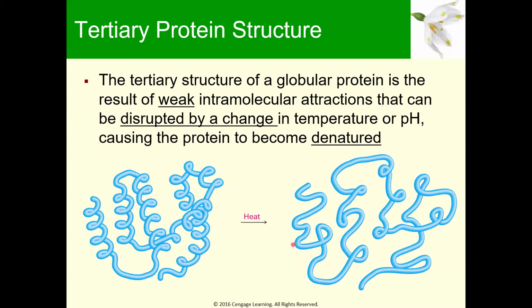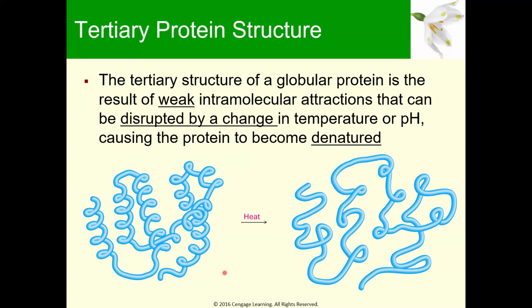Now, tertiary structure is not something that's set in stone. It depends on other conditions, like the temperature and the pH. Those are the 2 big ones. For example, whenever you cook meat, really what you're doing is breaking down the tertiary structure.